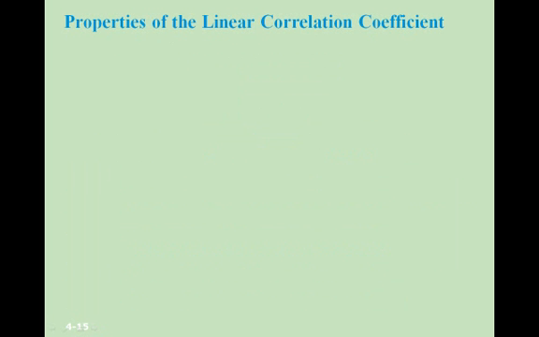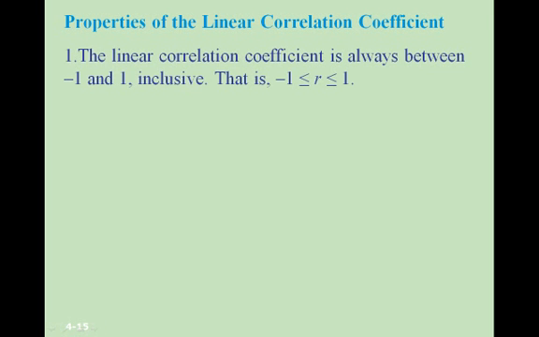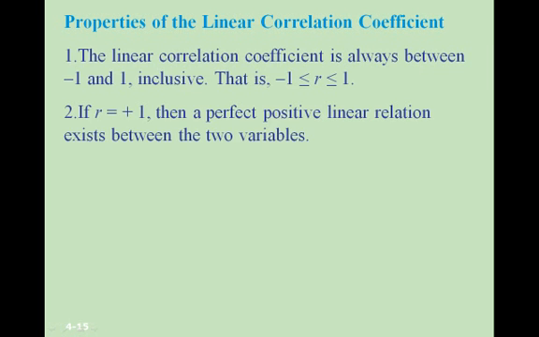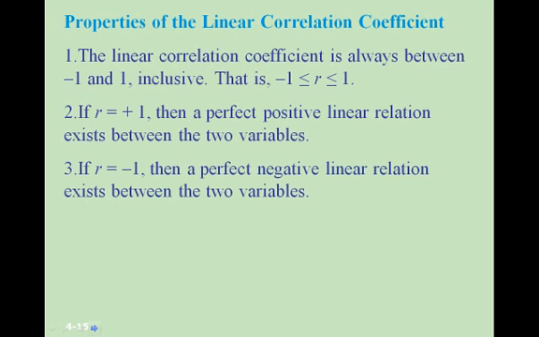The linear correlation coefficient has the following properties. First, our letter r for the linear correlation coefficient will always be a value between -1 and 1 inclusive, meaning that it could also be -1 or 1 and anything in between. If r equals +1, then a perfect positive linear relation exists between the two variables.